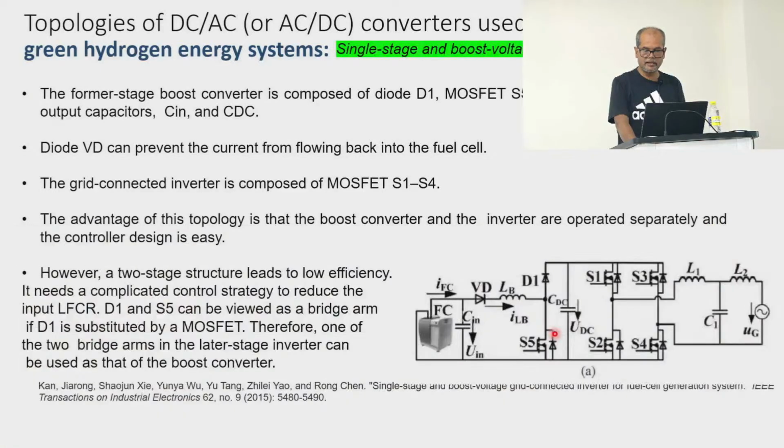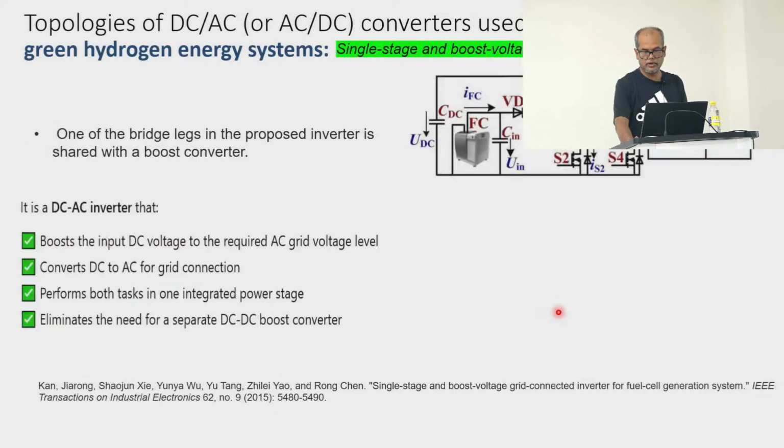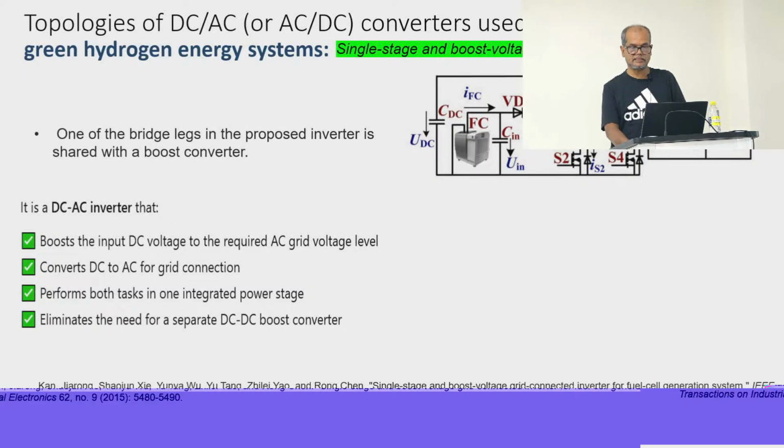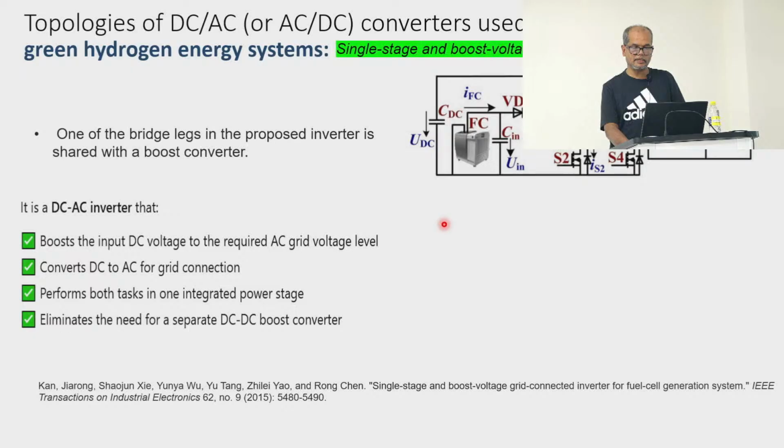So one of them could be common for the inverter as well as the converter, and that's why, particularly for hydrogen application, if it is single stage, this type of topology is used for both boosting as well as inversion. Here you can see that we replace the previous one, only using this common leg for both converter as well as inverter.